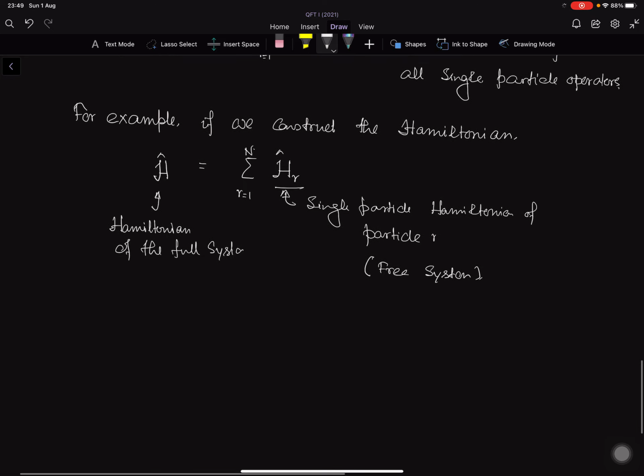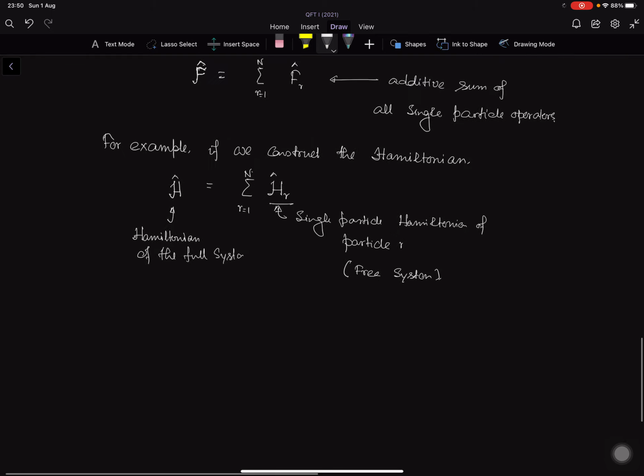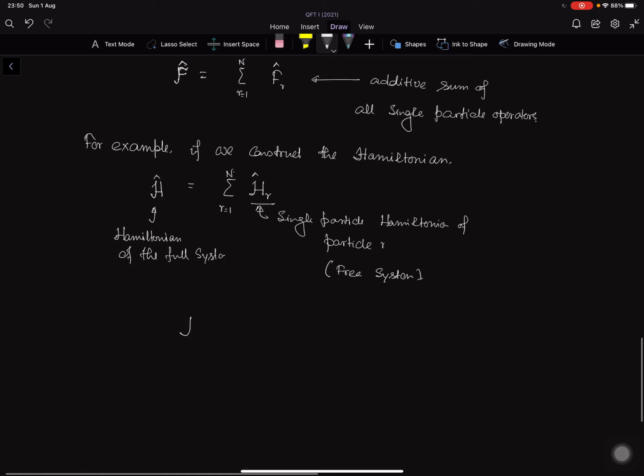So let's now see how these operators act on the multi-particle Hilbert spaces. Let's say this F tilde will act on the n particle Hilbert space, which is simply the product of one particle Hilbert spaces.